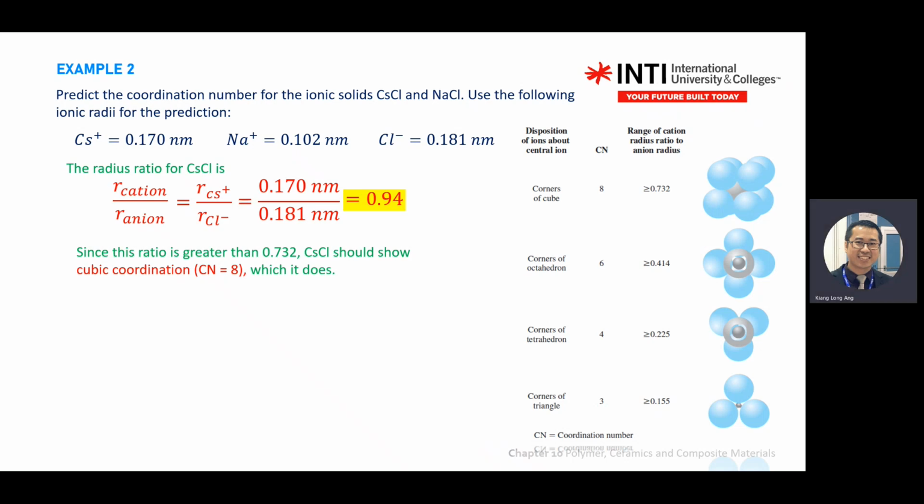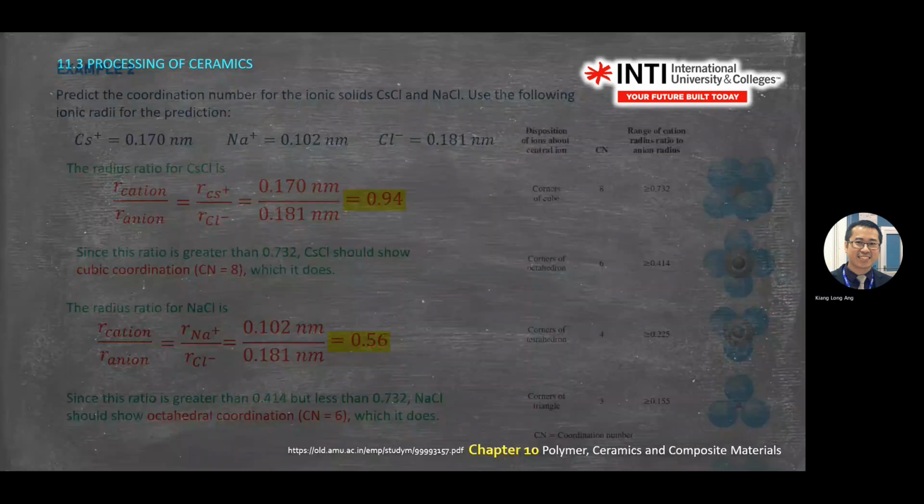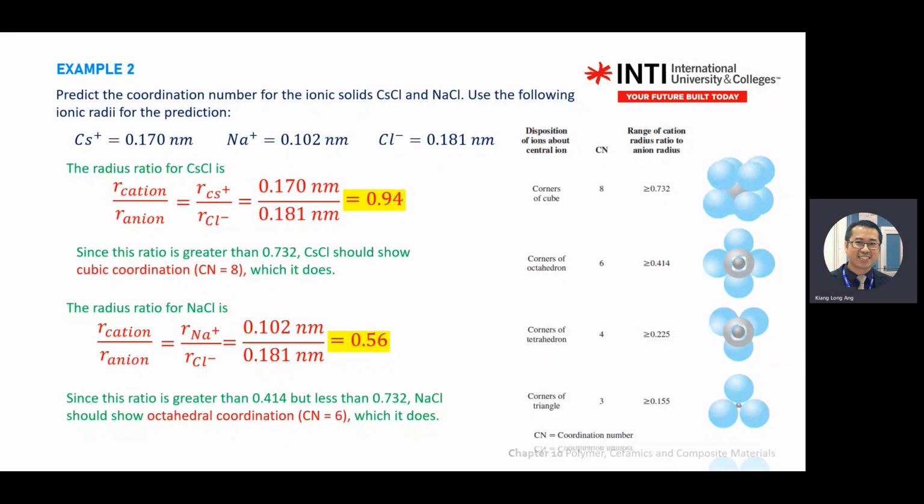If your answer is more than 0.4 but less than 0.7, it will be 6. If you see this table, confirm you need to use this equation already. So the answer will be 6. Any questions? Very direct, right?